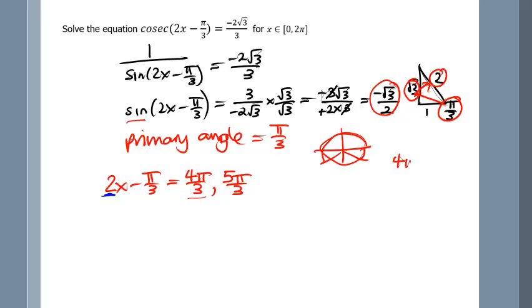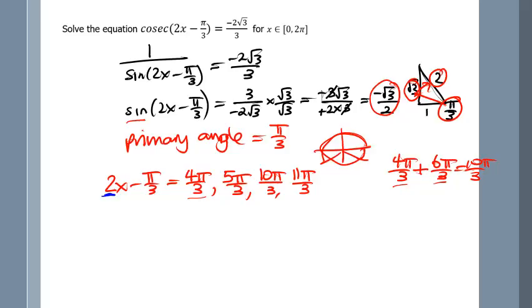So 4 pi on 3 plus, I am still adding 2 pi, but I've just done it over 3, so it's easier to add together. I've got 4 pi on 3 plus 6 pi on 3, which is 10 pi on 3. So my next solution is 10 pi on 3. If I add 6 onto 5 pi on 3, I get 11 pi on 3.